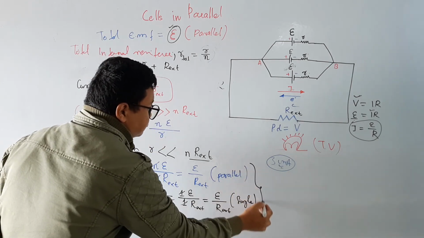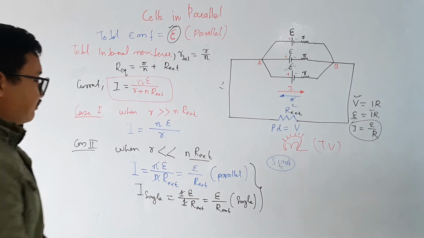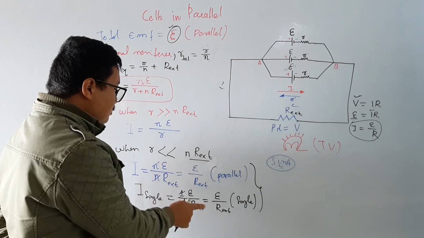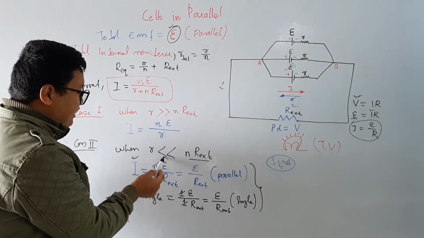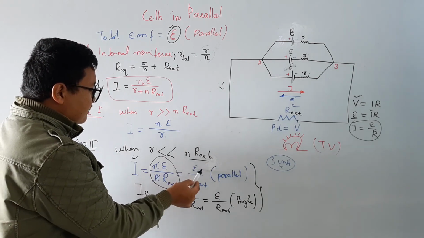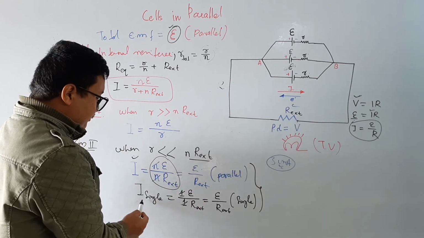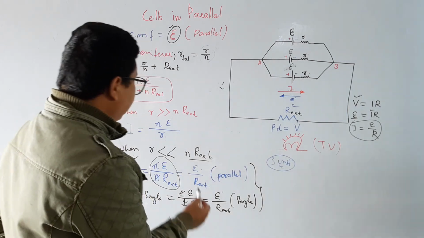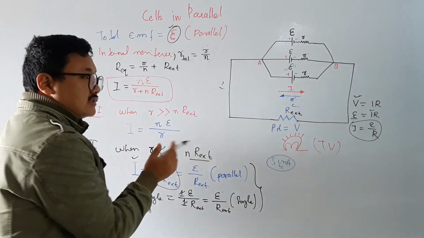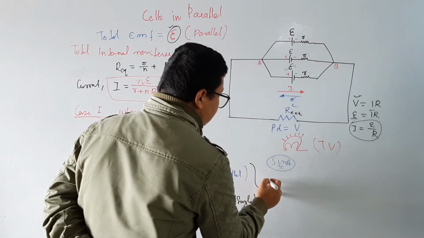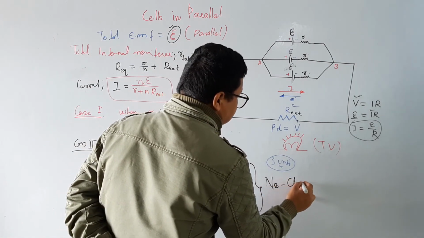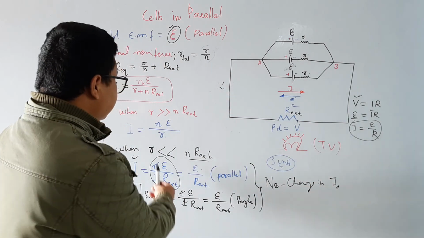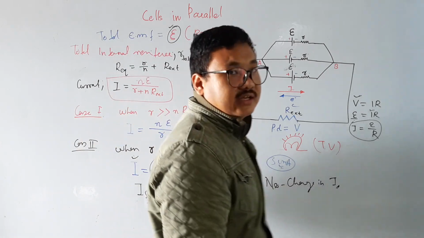What does this mean? This means that if the internal resistance is very small, there is no change in the current. For n number of cells, I got E by R EXT. For one single cell, I got E by R EXT. It means that when the internal resistance is very small, there is no change in current.